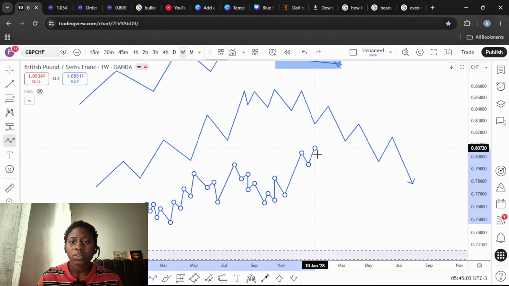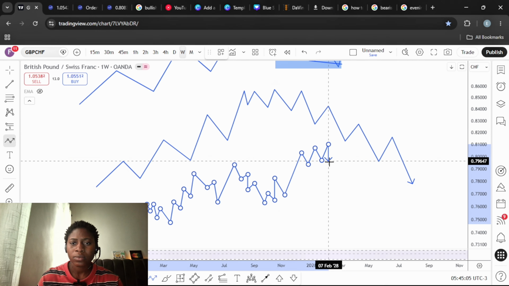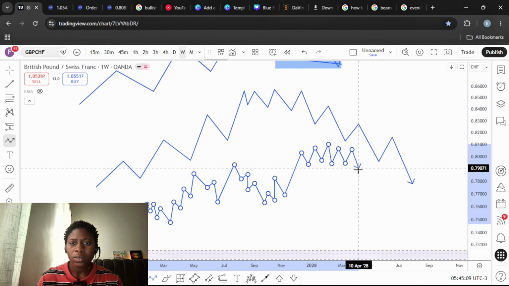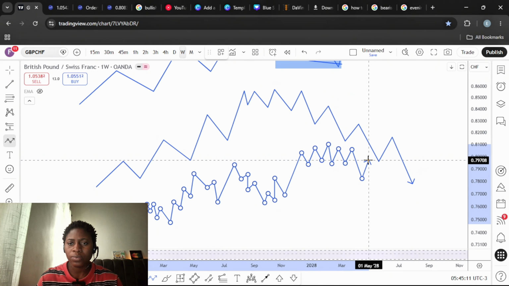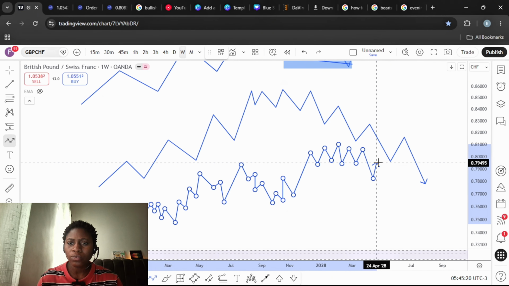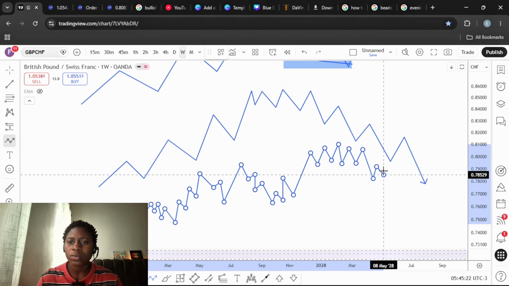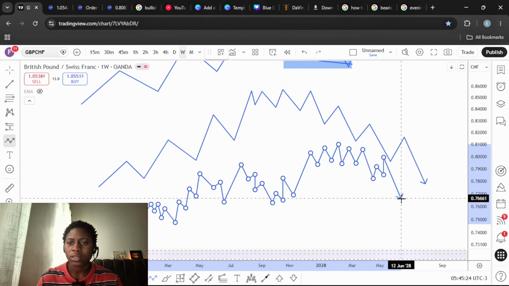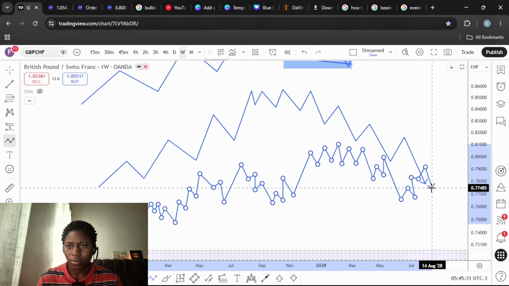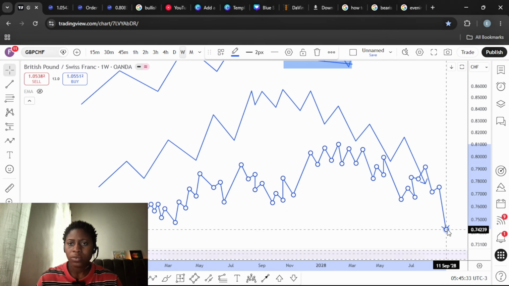Then the market starts ranging, and then boom, it changes direction, shifting structure from uptrend to ranging, and now to downtrend. This is what we expect price to do, right?